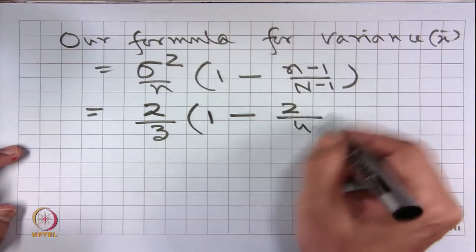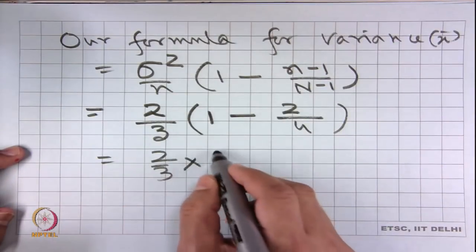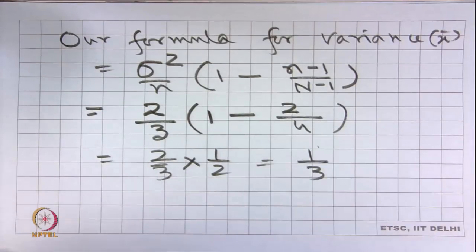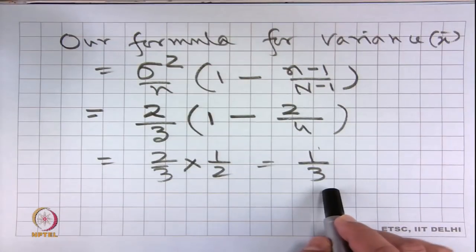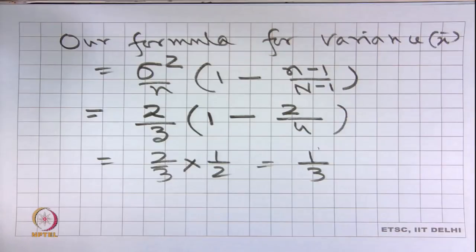So, this is 4, equal to 2 upon 3 into half, equal to 1 upon 3. Therefore, the variance of x bar that we have calculated to be 1 upon 3, we also get from the same formula, it is coming out to be 1 upon 3.